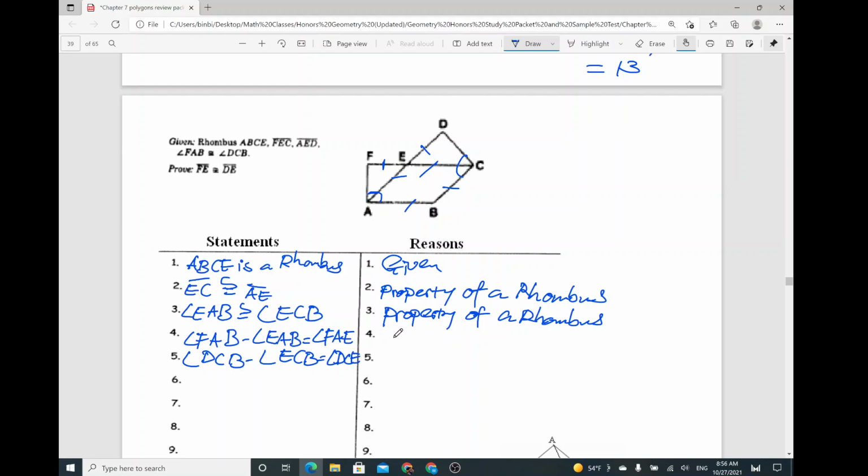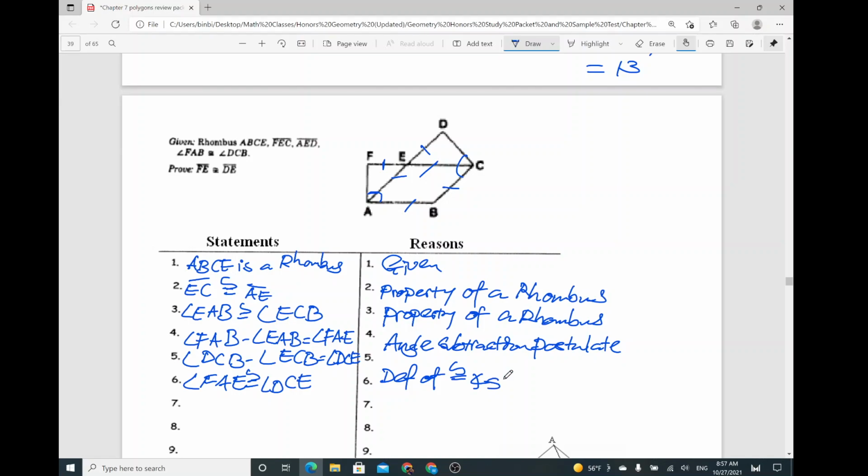For both of these you can just say it's the angle subtraction postulate. And therefore, angle FAE is congruent to angle DCE. This one is by the definition of congruent angles.